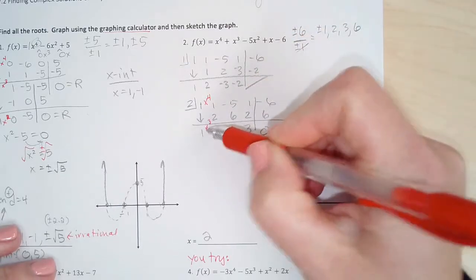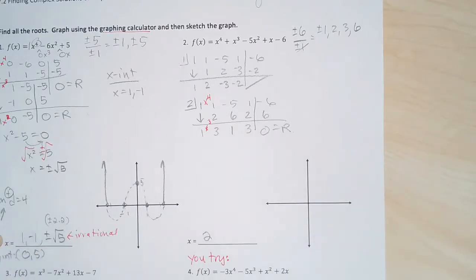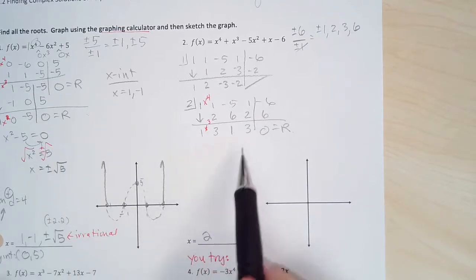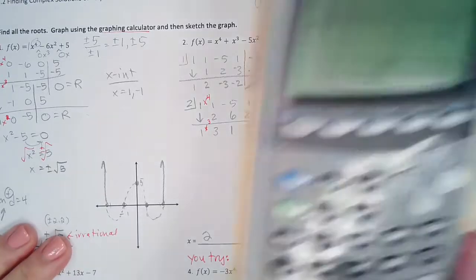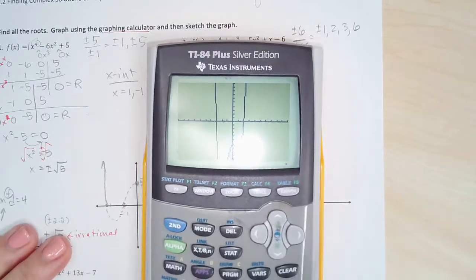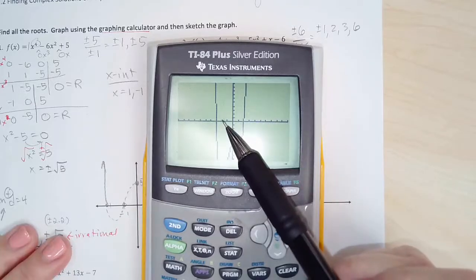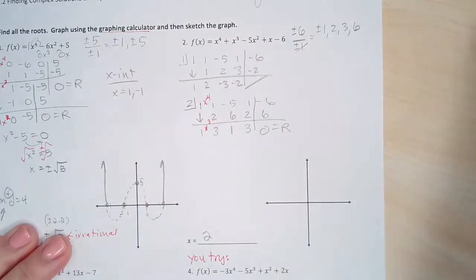We could see if we're able to maybe group it. I have the feeling you can because there's a 1 and a 3, but let's try synthetic division one more time. If we go back to our graph, we can see that negative 3 should be a solution, so let's try that.